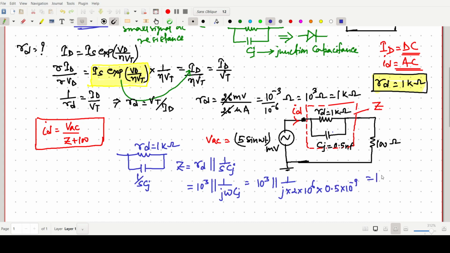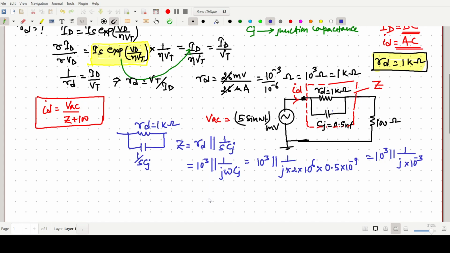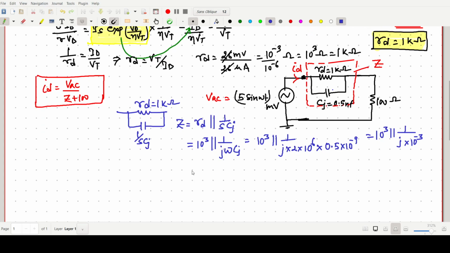Now if we solve this, it should be 10 to the power 3 in parallel with 1 by j. 2 into 0.5 is 1, so no need to write. And 10 to the power 6 into 10 to the power minus 9 is simply 10 to the power minus 3. Is it okay? After that, again it is very simple. I am going very slowly, but we have to go step by step.